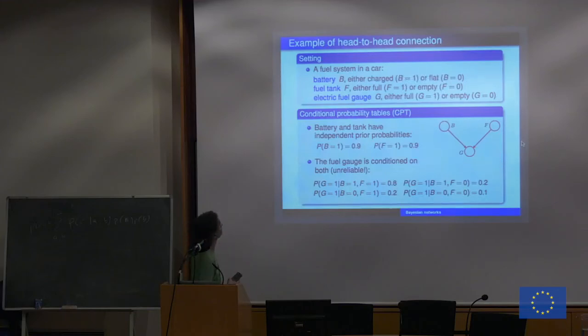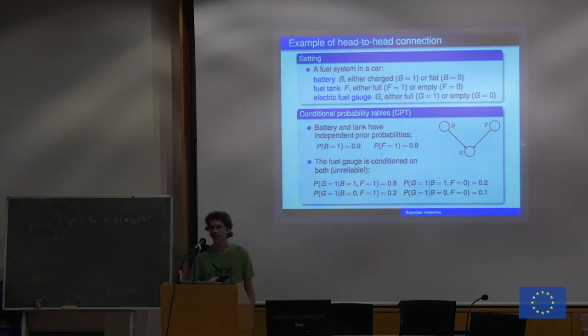Suppose you have an electric gauge telling you there is fuel or there is no fuel. The gauge can be up or down depending on the fuel tank. If there is fuel, it goes up, but also the battery: if there is no electricity, the gauge goes down.